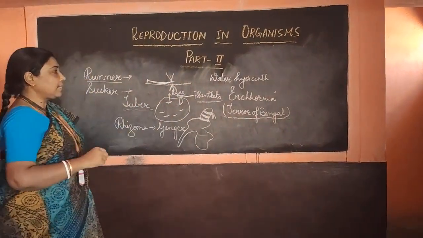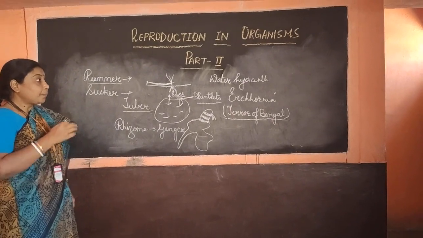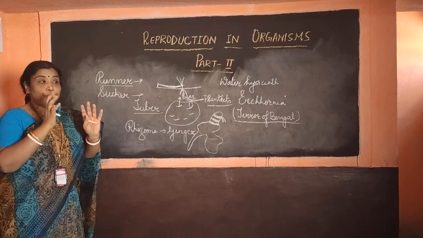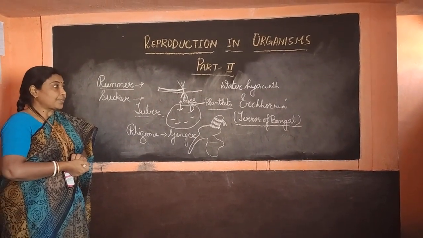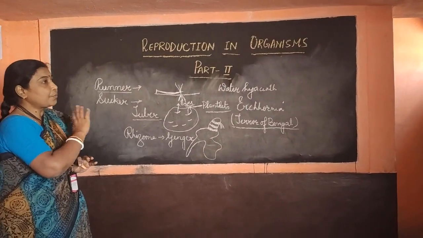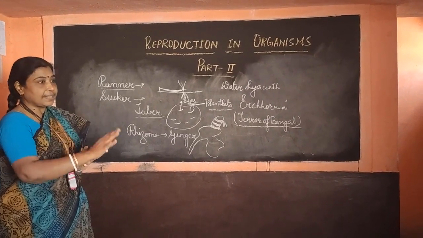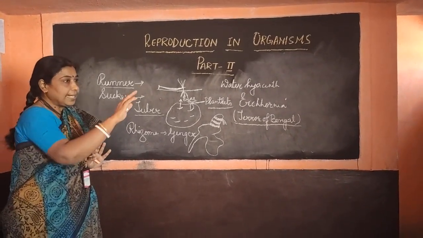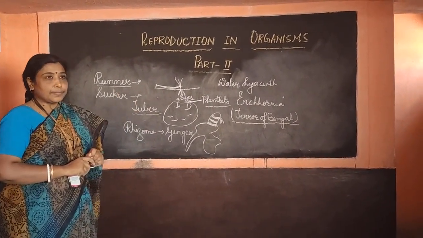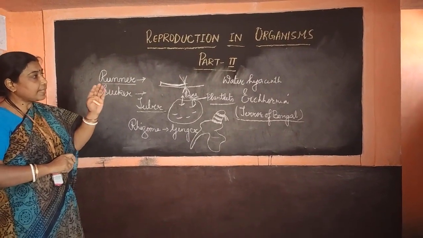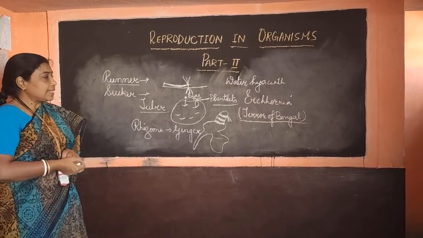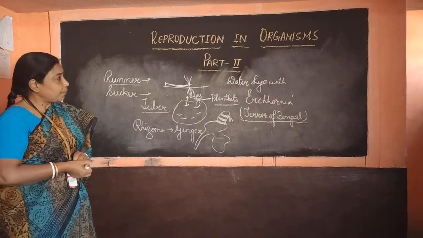Because water hyacinth was introduced in India because of the beautiful shape of its leaves and beautiful flowers. But because of vegetative reproduction, wherever it started growing, it started covering the entire water body, and ultimately the organisms in that aquatic ecosystem were deprived of oxygen, and it led to water pollution.